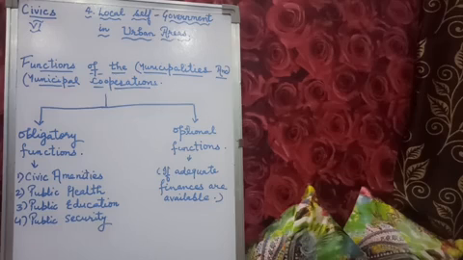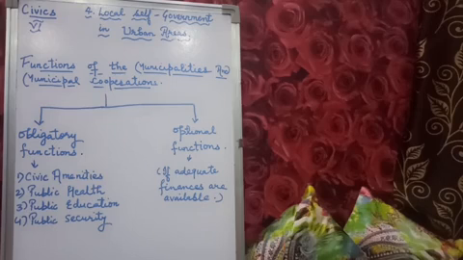Clear all of you? Now let's talk about the optional functions. So some optional functions are performed by the municipalities and municipal corporations, but only if adequate finances are available, and they are to develop public parks and gardens, to establish and maintain museums, okay, to hold fairs and exhibitions, to provide public transport services.